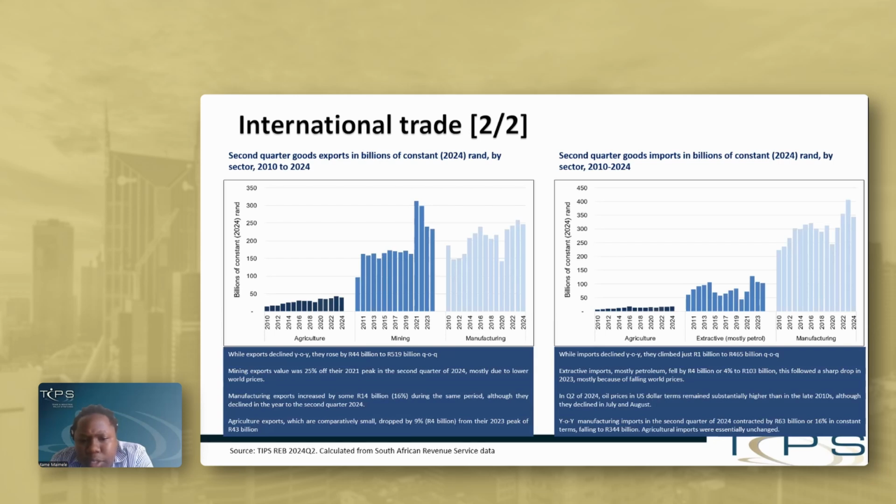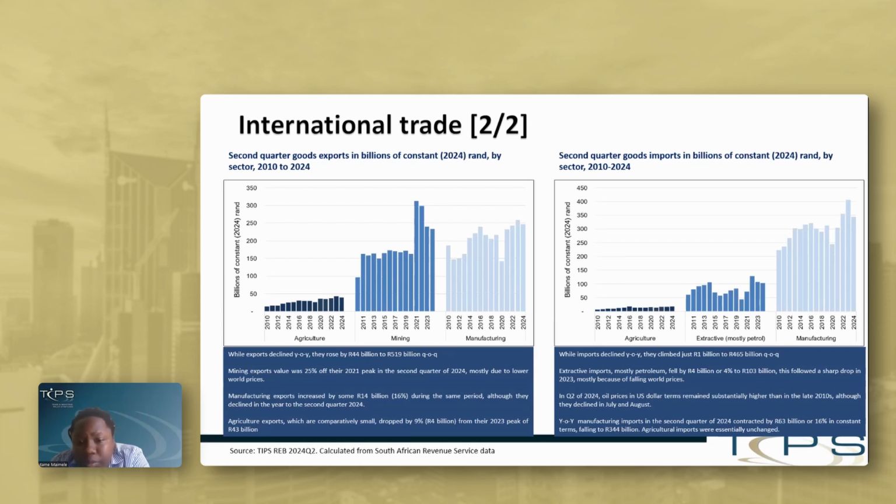And next, looking specifically in the extractive space, South Africa mostly imports petroleum, but that actually fell by 4 billion rand, or 4%, to 103 billion rand, and this followed the sharp drop in 2023, mostly because of falling world prices again. And in the second quarter of 2024, oil prices in US dollar terms remained substantially higher than in the late 2010s, although they declined in July and August.